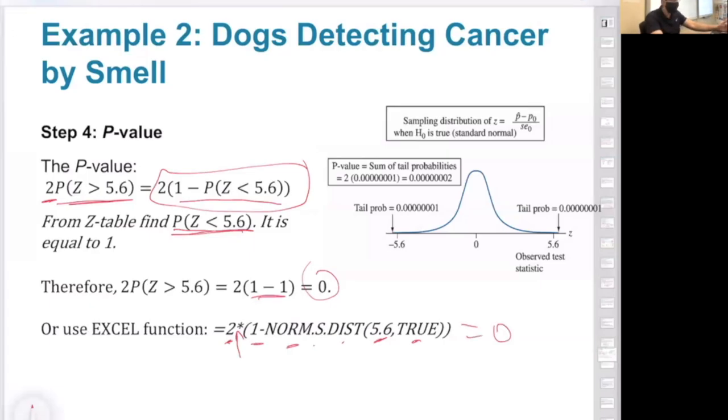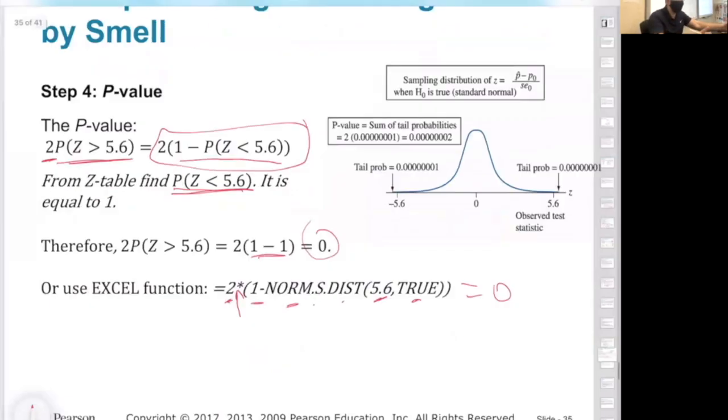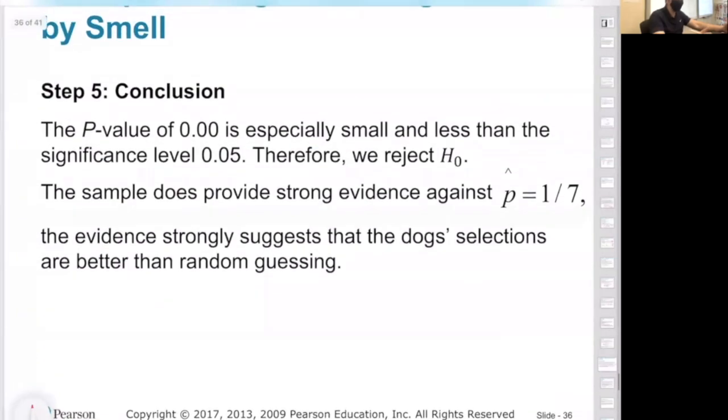Same thing. Now we will compare the p-value and the significance level 0.05. What do you think? The p-value is 0. The significance level is 0.05. So which one is greater? Of course, the significance level.